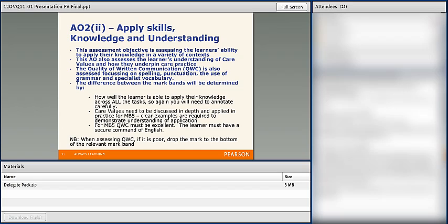So, for example, if you have put the learner in mark band 4 for AO23, so let's say you've awarded them 8 marks, but their quality of written communication is not fluent, which is what is required for mark band 4, you would not take the learner down into mark band 3, you would just give them 7 marks. And I would annotate that to say why you've dropped the work.